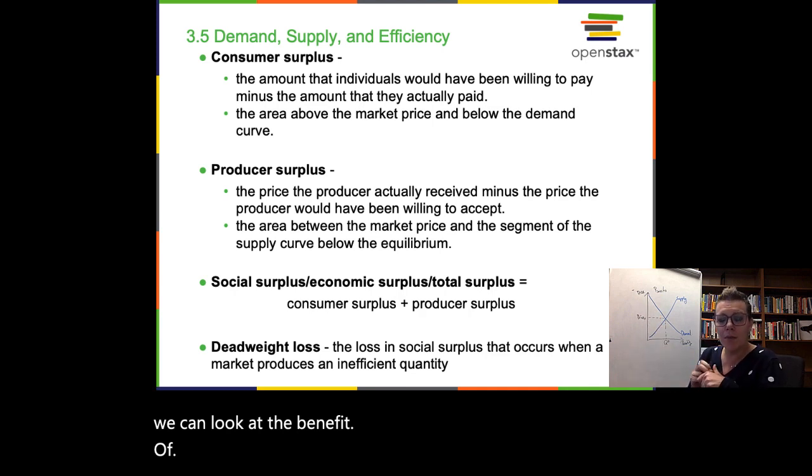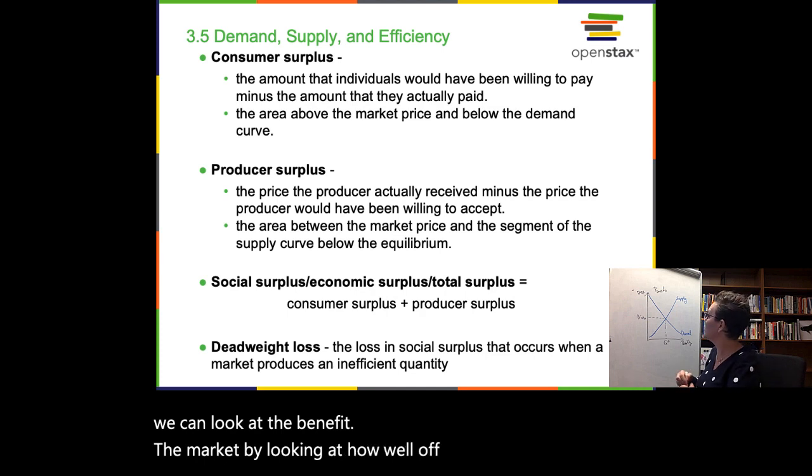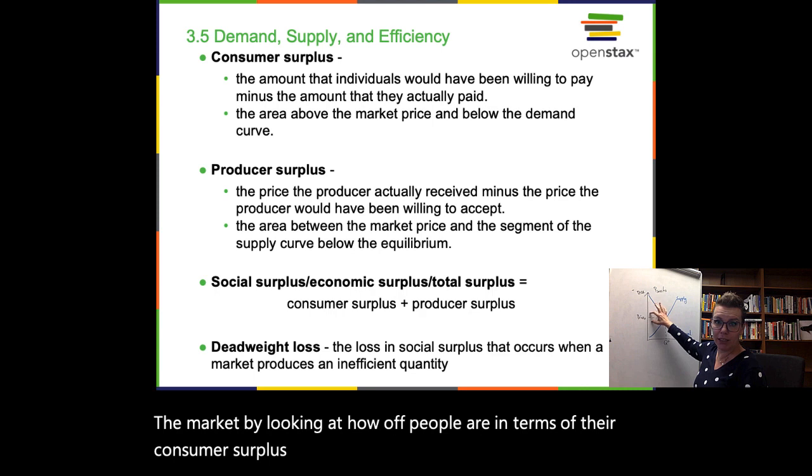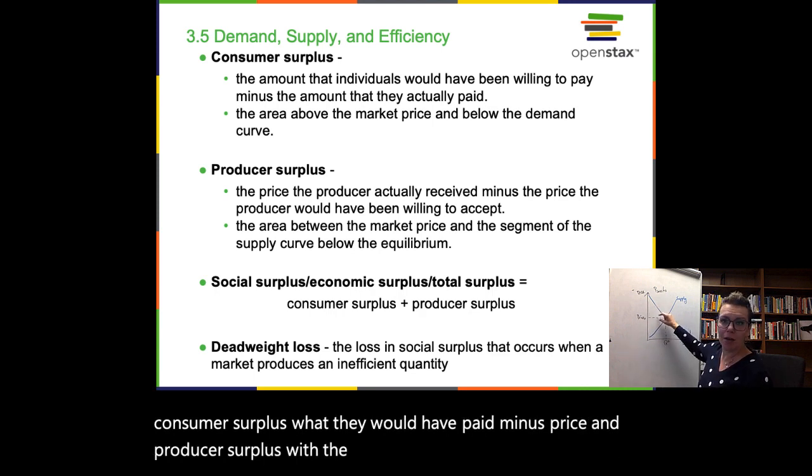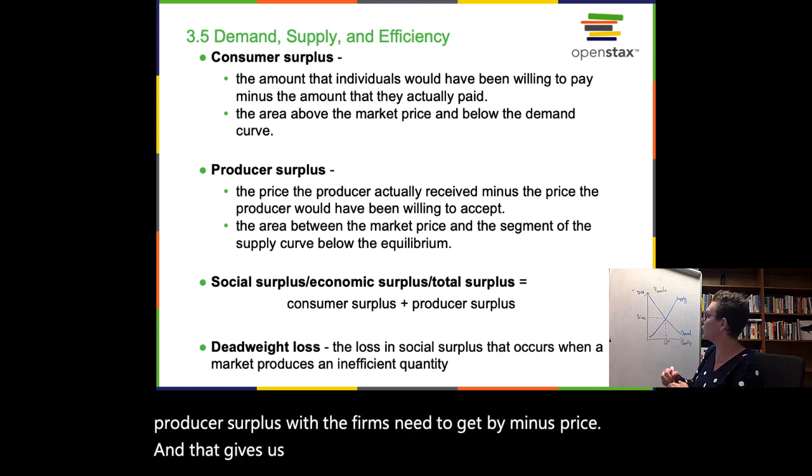the market by looking at how well off people are in terms of their consumer surplus, what they would have paid minus price, and producer surplus, what the firms need to get by minus price. And that gives us our total social surplus.